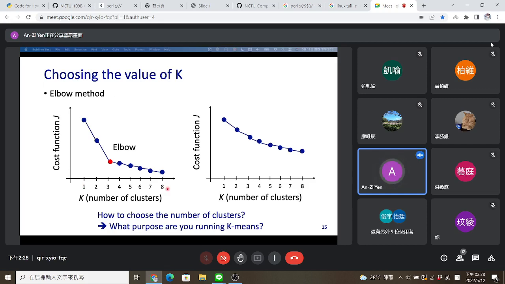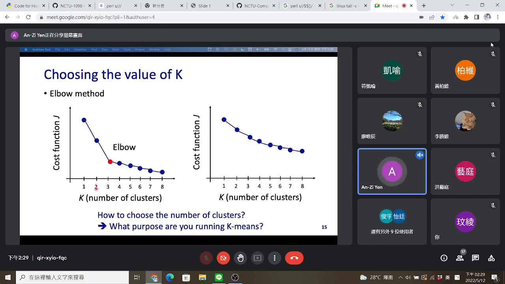So if we choose k equal to 1, that means everything gets grouped into a single cluster, and we can compute the cost. So we plot the cost when we choose k equal to 1. And then we are going to run k-means with two clusters.